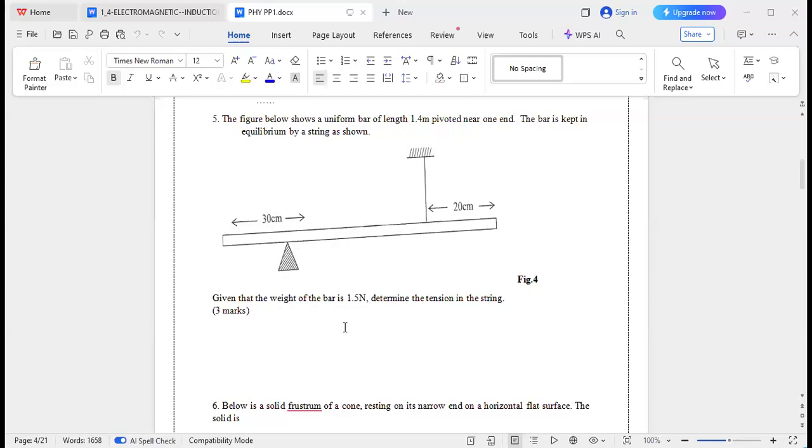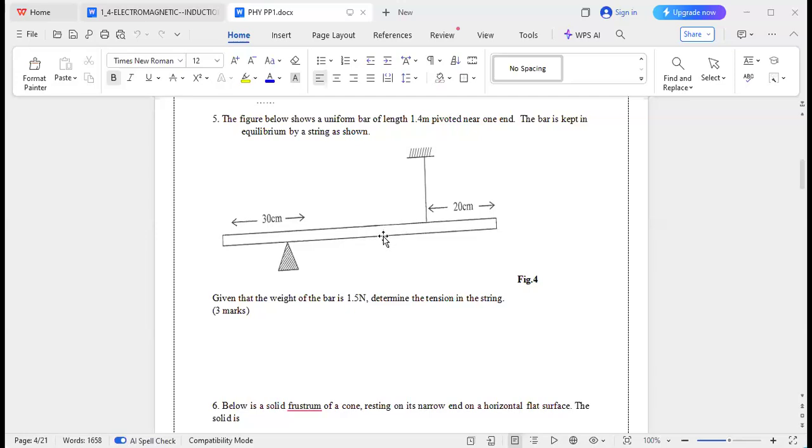Now, tension in the string, you first of all start by saying F1 D1 equals F2 D2. The weight of this bar is in the middle here, and we are told that it's 1.5. So somewhere here you draw a weight downwards and label it as 1.5 newtons. That is our clockwise force.